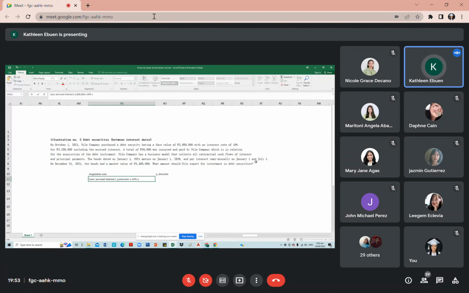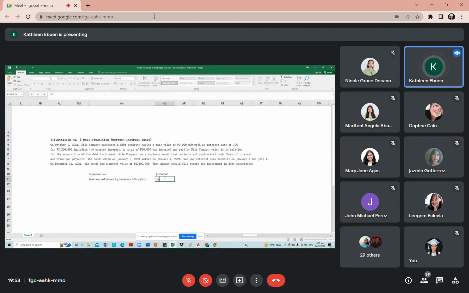So, ang accrued interest or yung utang is from July, August, September. Nung binili natin yung debt security, merong accrued interest ng October 1, starting ng July, August, September. So, 3/12.